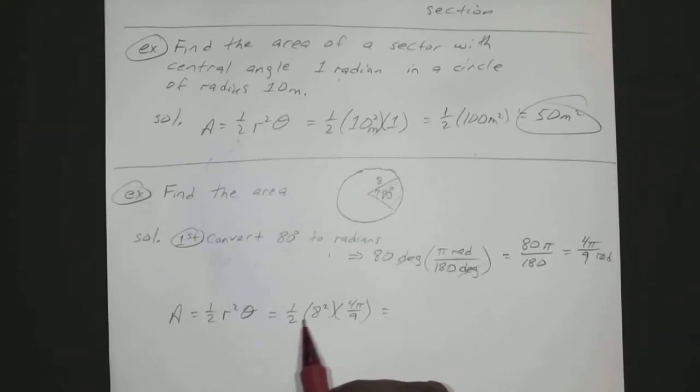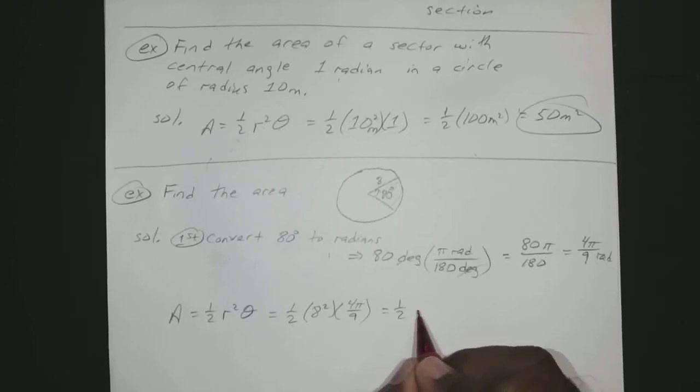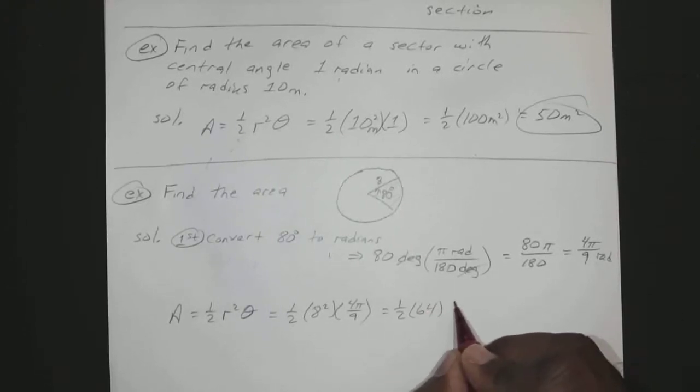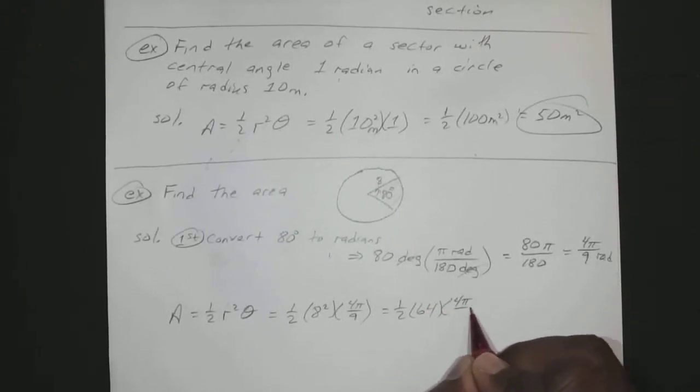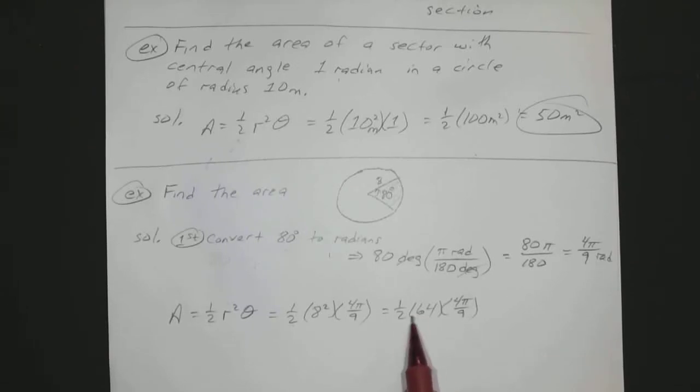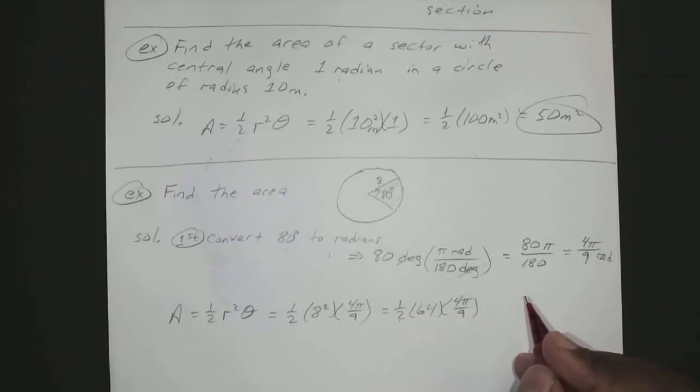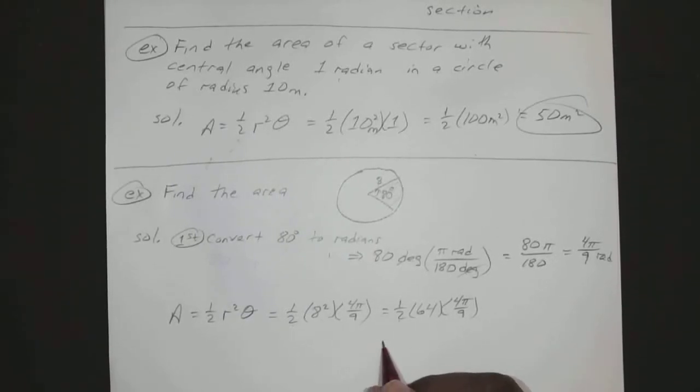So you can say 1/2 times 64 times 4 pi over 9. 64 divided by 2 is 32. So 32 times 4 is 128 over 9. So 128 pi over 9, which if you had to simplify it on your homework, would be 44.68.